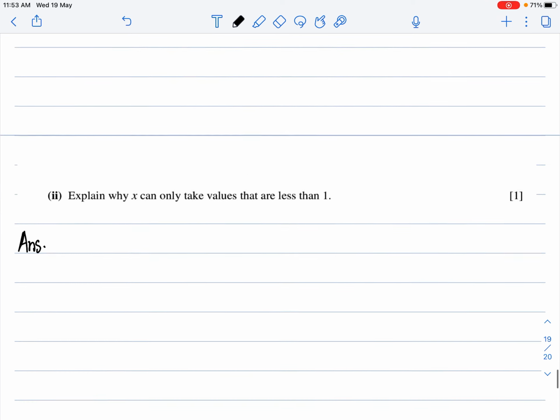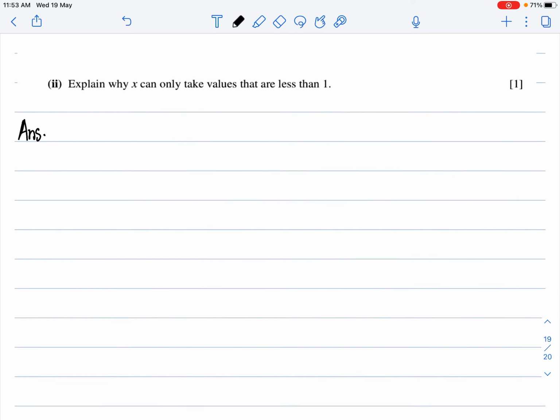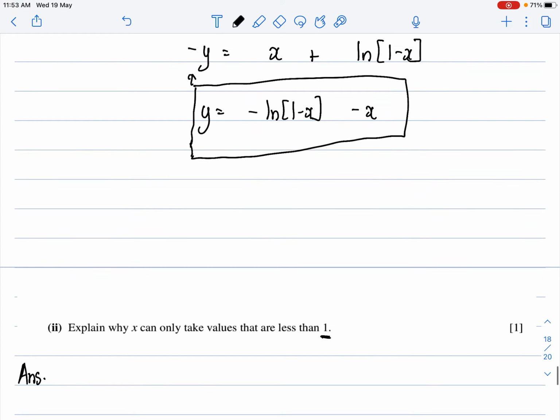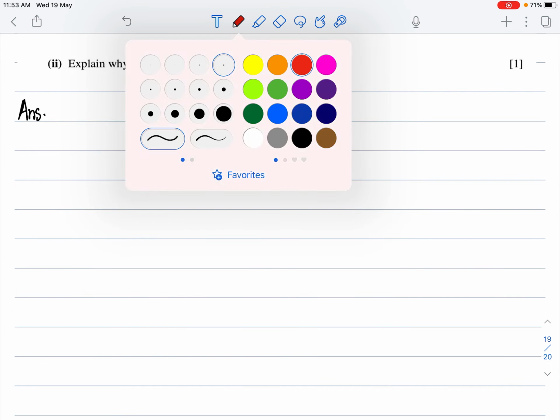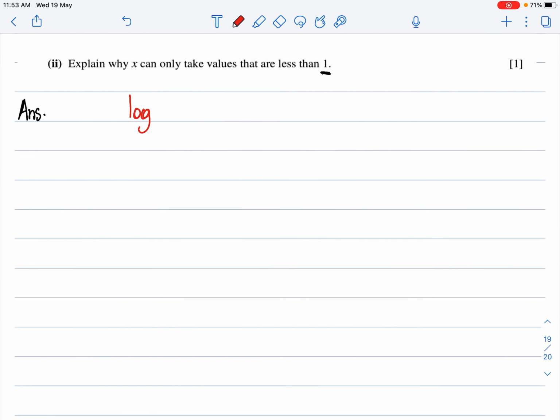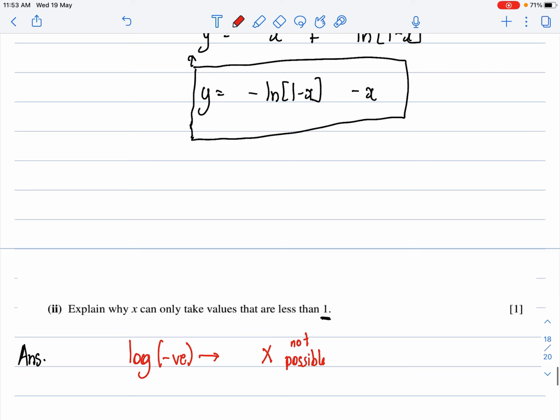Okay? Now, explain why x can only take values less than 1. If you notice here, one important property you need to know is that the log of a negative is not possible. So if I take a value of x here which is more than, let's say, 1, I'll get a log of a negative.